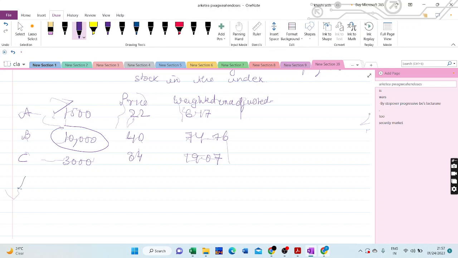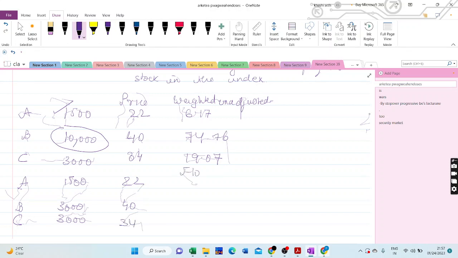So now we'll calculate the weight. A, B, C. All 1500 shares of stock A are available for public trading. Only 3000 shares of stock B are available for public trading, and 3000 shares of stock C are available for public trading. Prices 22, 40, 34.